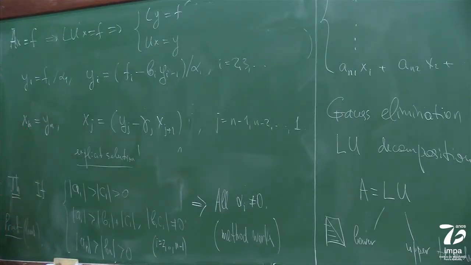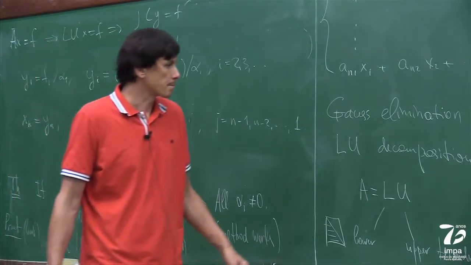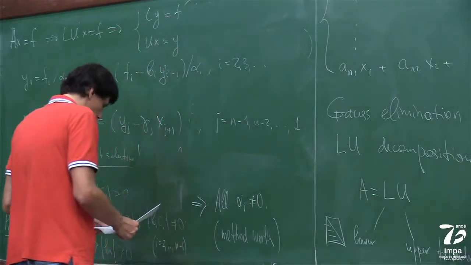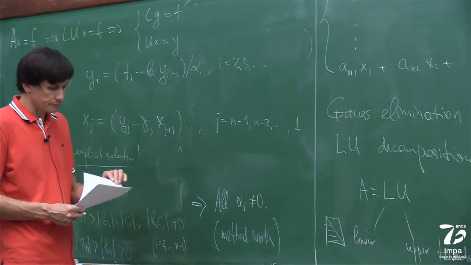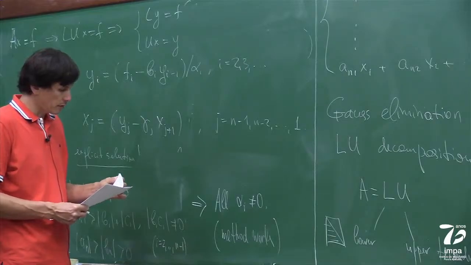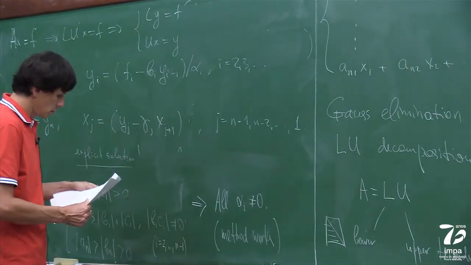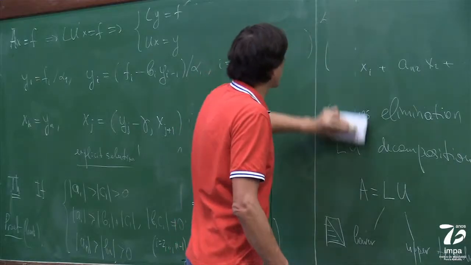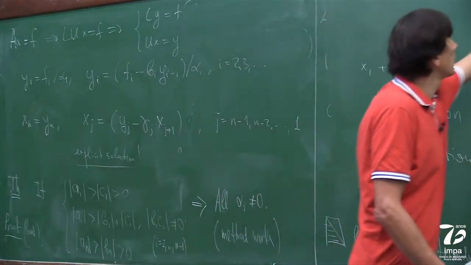So I will try to concentrate on proofs which are conceptual. This proof is just technical manipulation of the numbers, just to verify that all alphas are non-zero directly. So we better do something better. So this is a three-diagonal matrix.